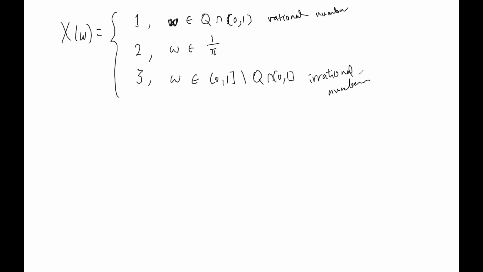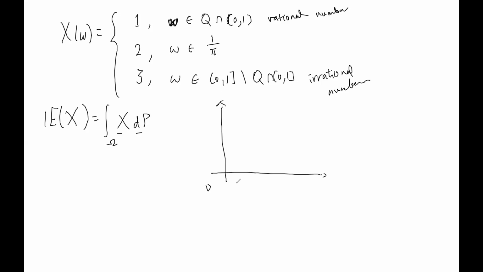All right. So then you want to find the expectation of x. Okay. Now, so again, this is x dP, a measure on x. So you sketch this from 0 to 1.